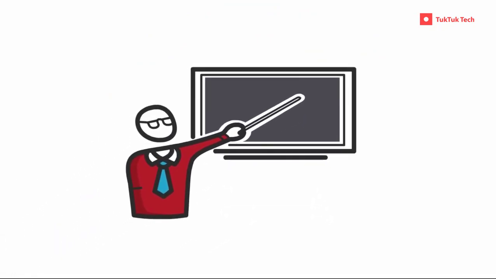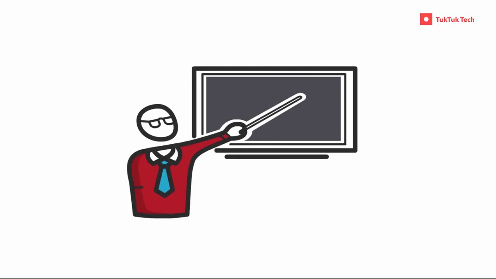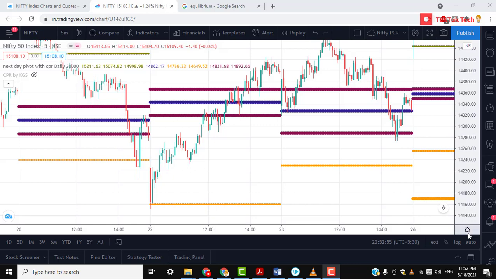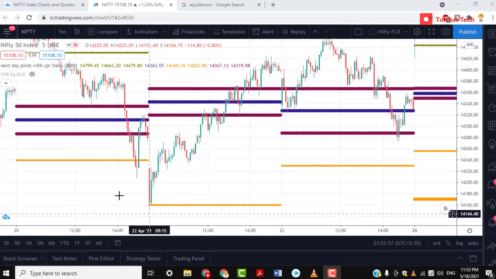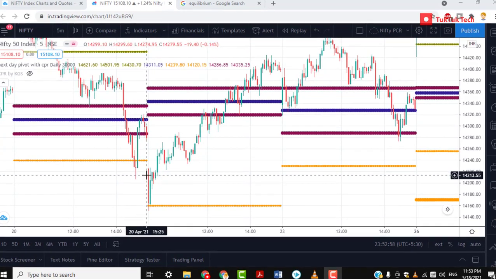Let's take a look at few examples on magnet trade. On 22nd of April, 2021, Nifty opened with a gap down.